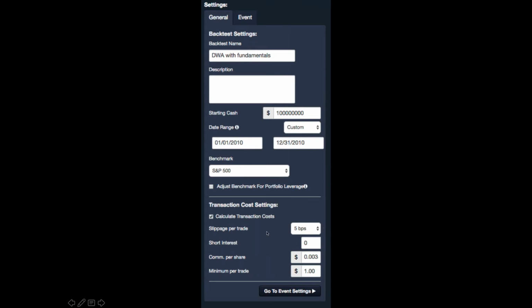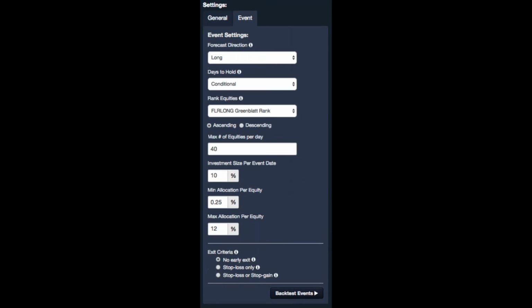Now there are specific parameters to the kind of backtest you're going to do. In this case, we're doing an event backtest. One thing to think about is, we've defined an event, so an event is a set of features and a range of values that we're willing to accept. If a stock on a particular date passes that event description, it's eligible to go into our portfolio.